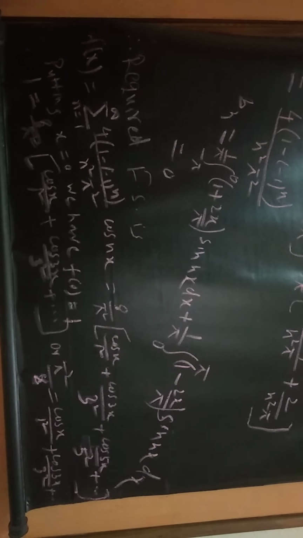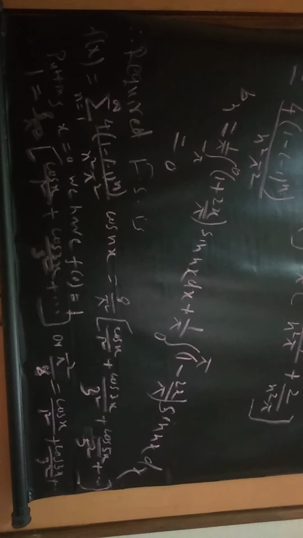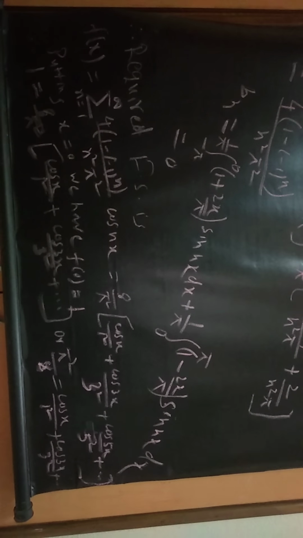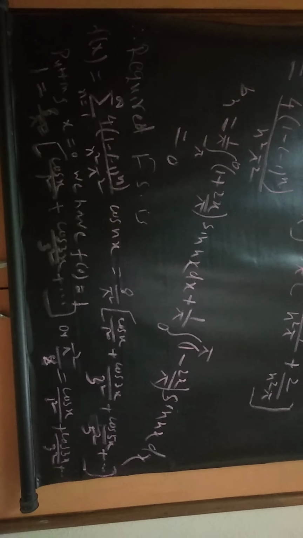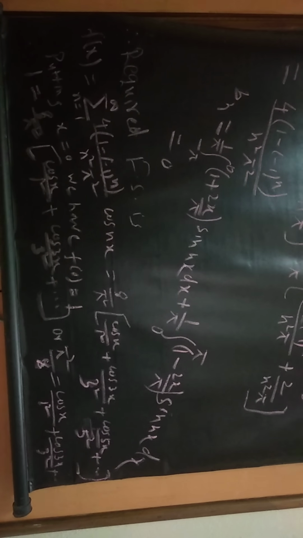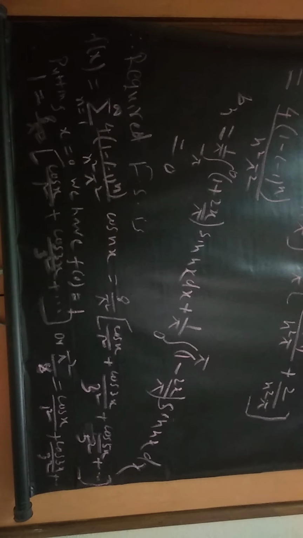Then the remaining Fourier constant is Bn. So Bn is also given as 1 upon pi integral minus pi to pi fx into sin nx dx.